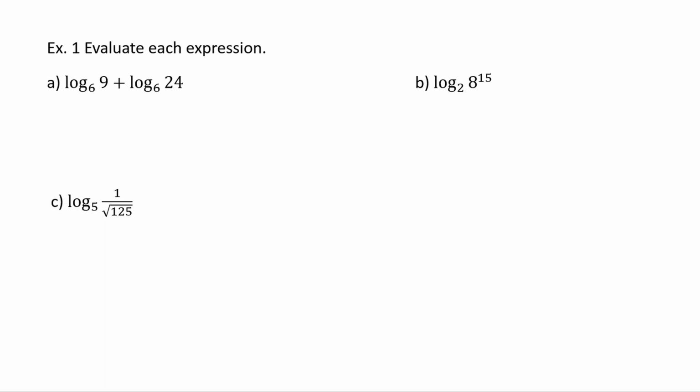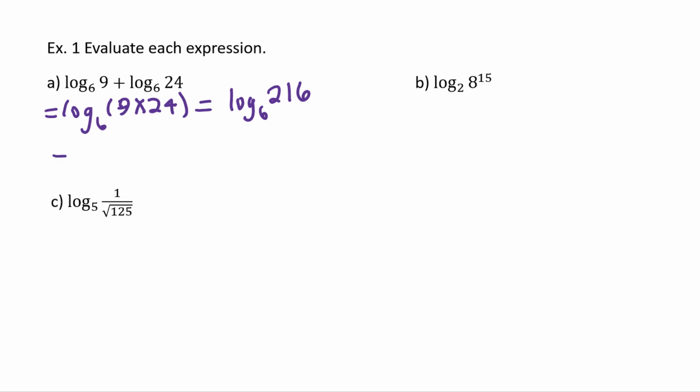Evaluate each expression. A. Log base 6 of 9 plus log base 6 of 24. Let's use the properties of logs and re-express this expression as log base 6 of 9 times 24. That would be equal to log base 6 of 216, since 9 times 24 is 216.